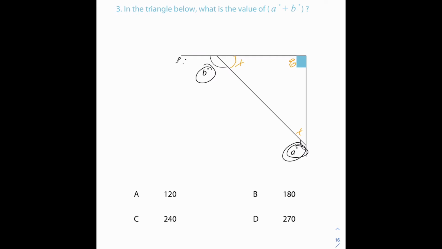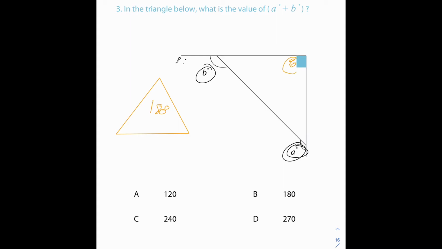It gave us the value of 90 over here, but you're probably thinking, how are we going to figure out any of the angles here? Which is a good point, other than the fact that you probably forgot that the sum of the angles of any triangle is 180.